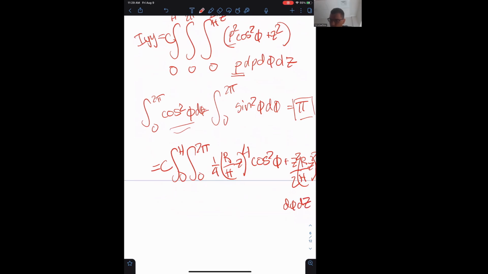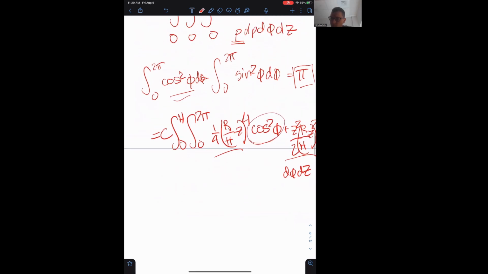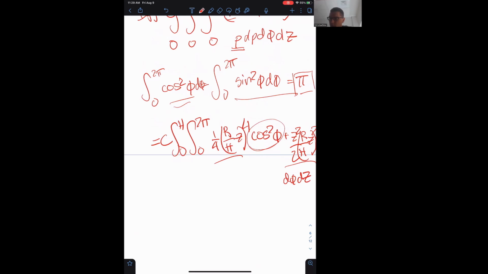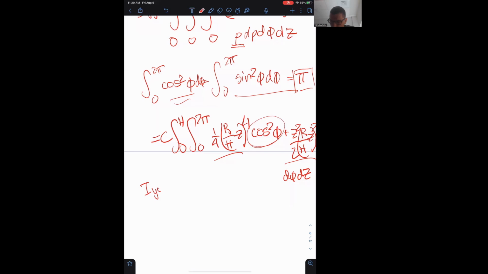All these parts are exactly the same, like I said, except for the cosine, but because this integral is the same, we're going to get the exact same answer. So that means that Iyy is equal to Ixx.